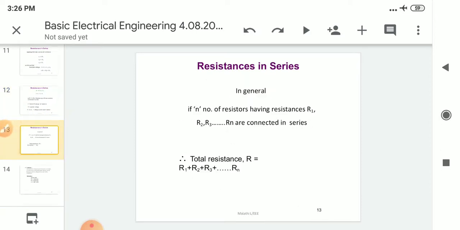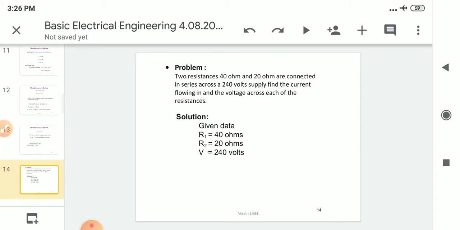In general, if n number of resistors having resistances R1, R2, R3 and so on are connected in series, the total resistance R is equal to R1 plus R2 plus R3 and so on. This is a numerical problem.